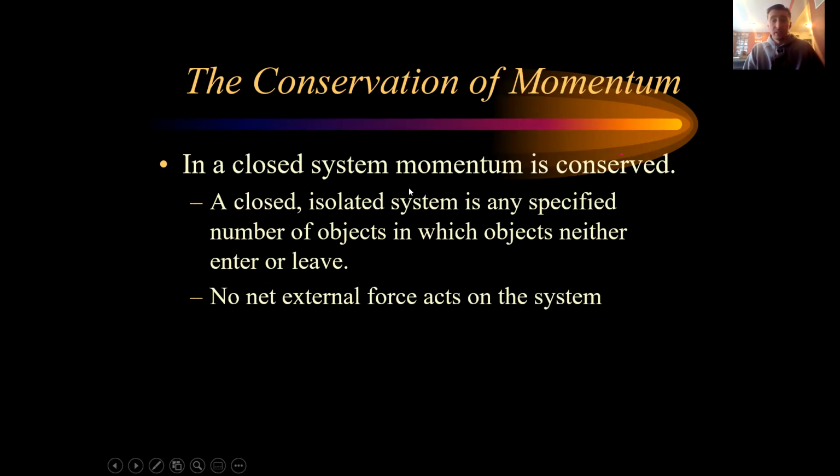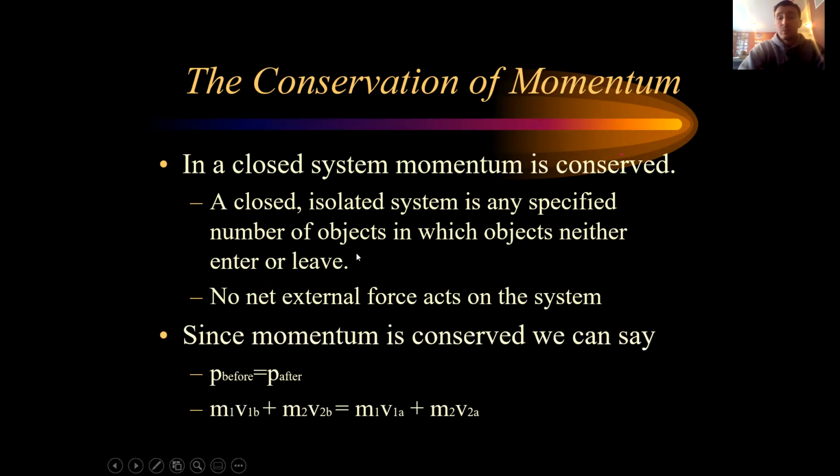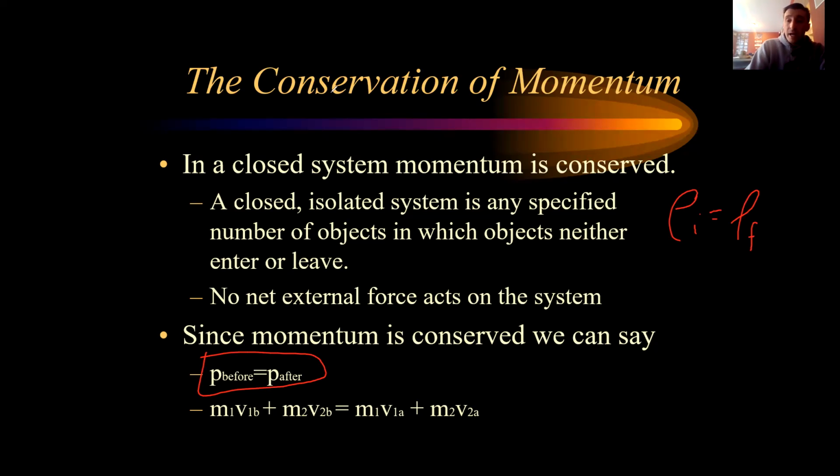It says in a closed, isolated system, just like the law of conservation of energy, there's no net external force acting on it, we can say momentum is conserved. So in other words, the equation we get is momentum initial equals momentum final. And from that, we can get something like this.